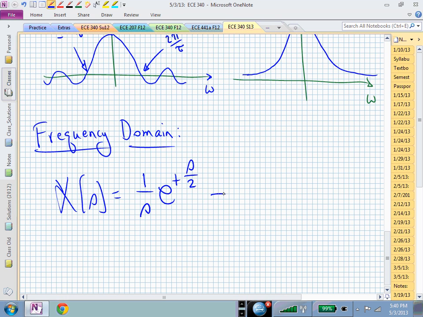Then you simply take away or turn off that step, with a step occurring 1 time unit later, which is now this delay of 1/2, and now we have a minus 1 over s e to the minus s t. That's the Laplace expression for X of s.